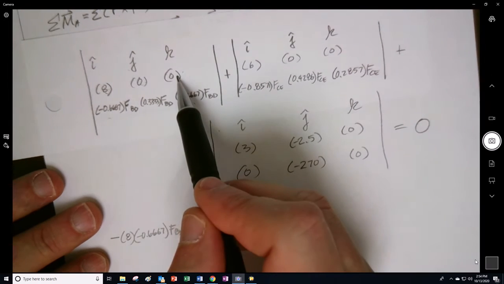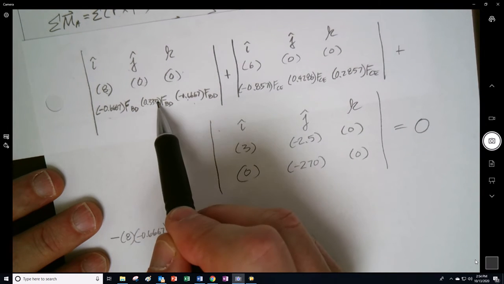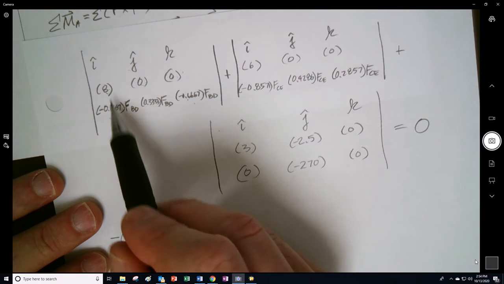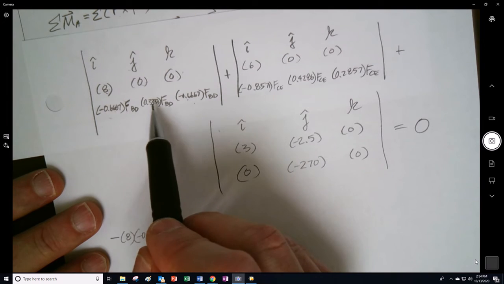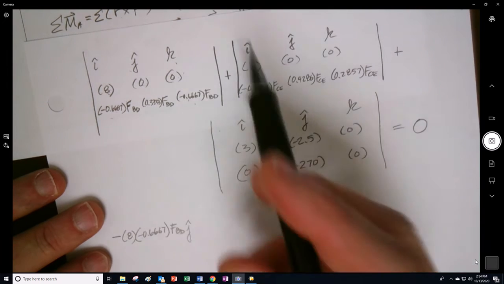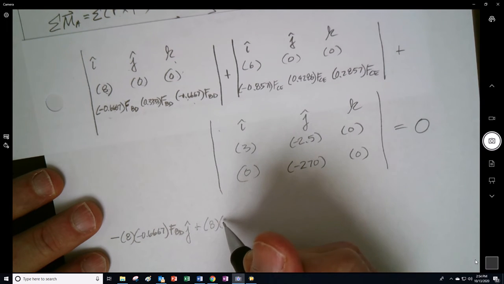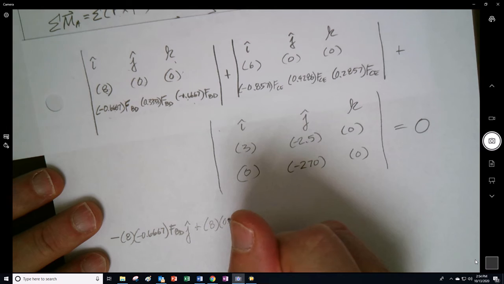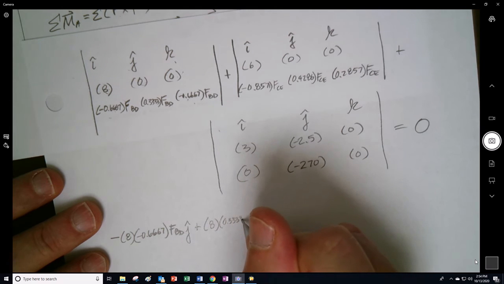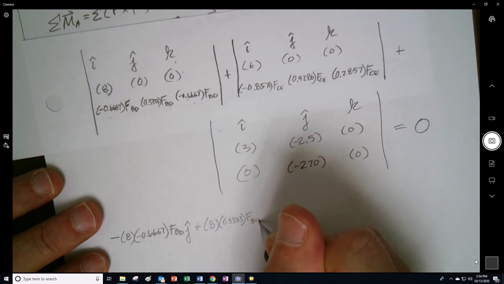And then for the k here, we have 8 times there minus 0 times there. So it's 8 times 0.3333 FBD k, and it's positive.